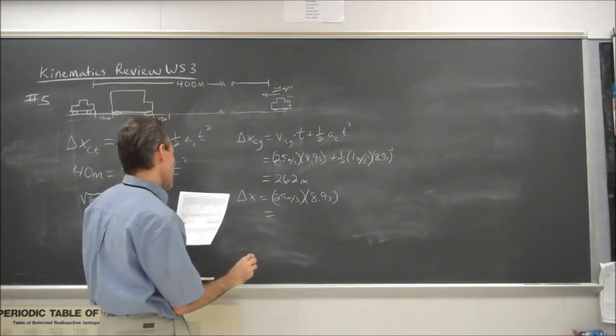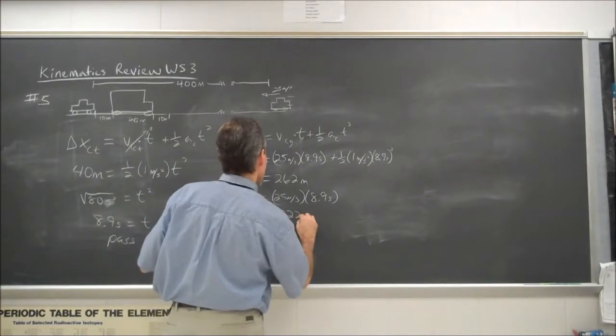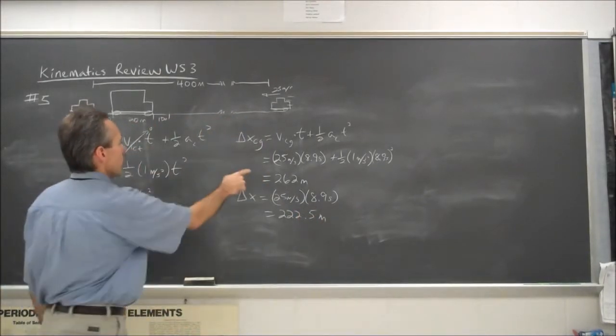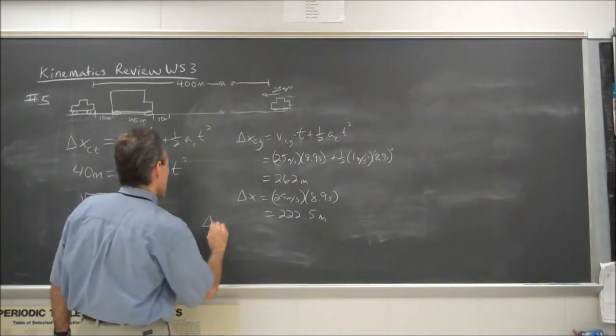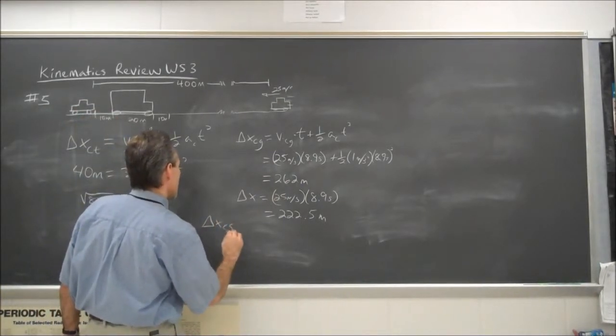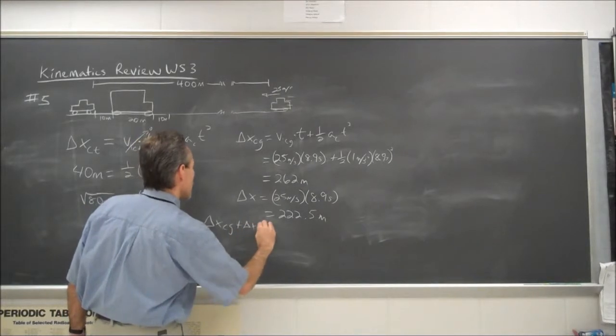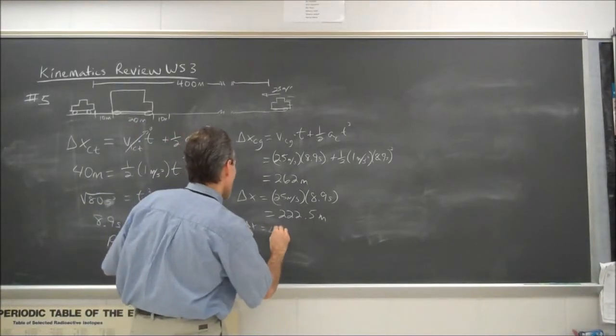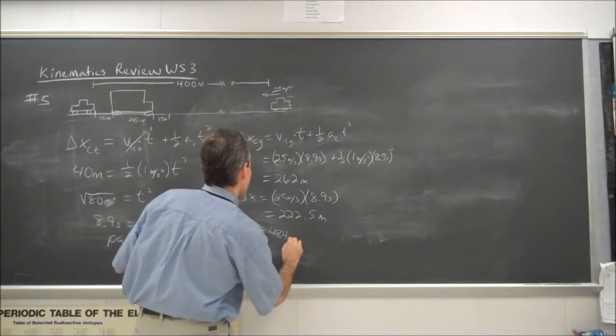And when we do that, we get 222.5 meters. If we combine both of those together, the delta x with respect to ground and the delta x we just found, we get 484.5 meters.